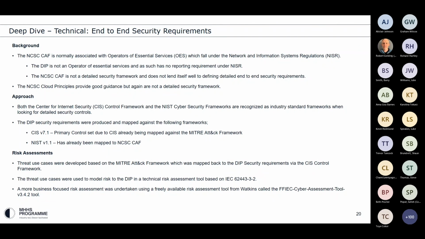In addition to pushing that through a risk assessment tool based on IEC 62443, so anybody who's familiar with these, this is more around industrial controls, but it maps nicely in terms of policy domains and conduits within the industrial control model against what fits in with the adaptive security architecture and the cloud type model.